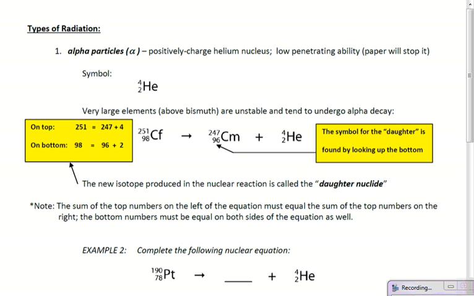Now, there are different types of radiation depending on what's being emitted from the nucleus of the atom. The first type of radiation we're going to look at is the emission of alpha particles. Whenever we handwrite alpha, alpha is a Greek letter, it typically looks more like a sideways fishy thing. And it is positively charged. And all it is is just a helium nucleus.